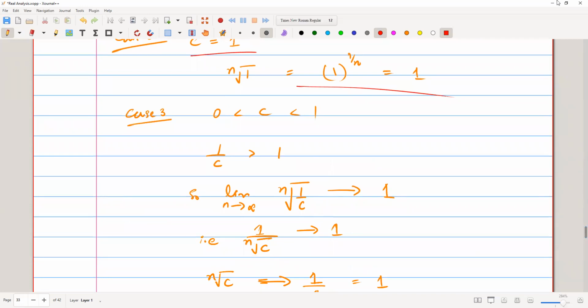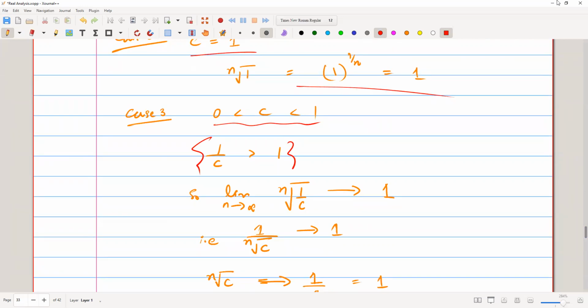Again, for case 3, if c is bounded between 0 and 1, then we can say that 1 over c is greater than 1. So if 1 over c is greater than 1, we can apply the nth root on 1 over c, and also the nth root on 1, and apply the limits on both sides.